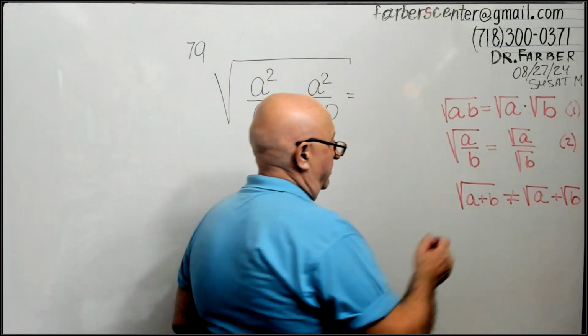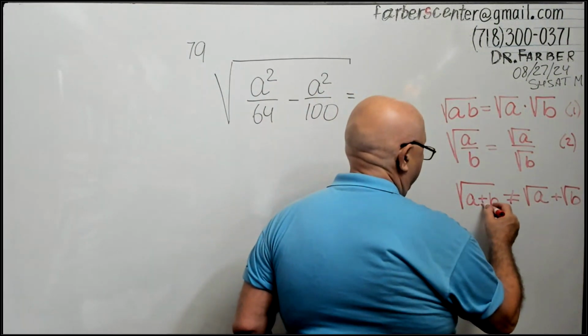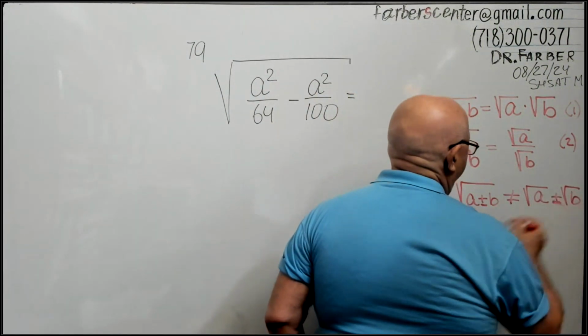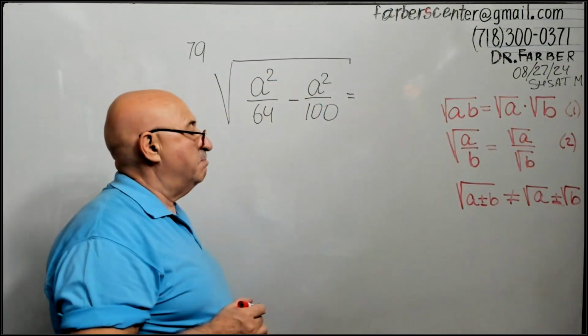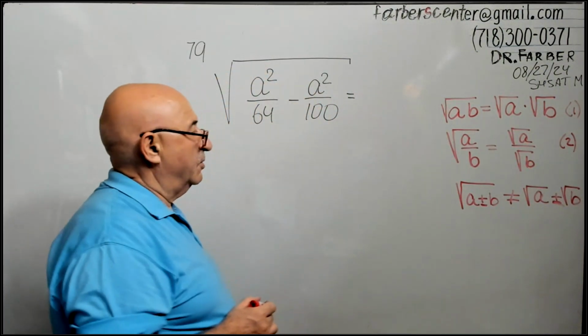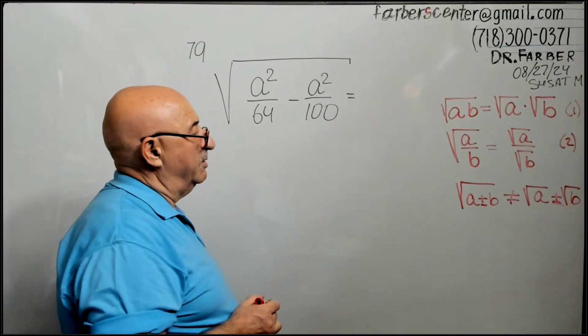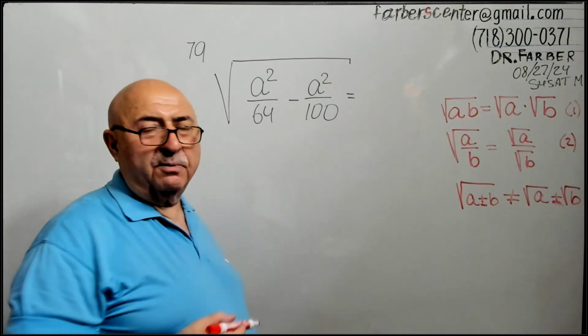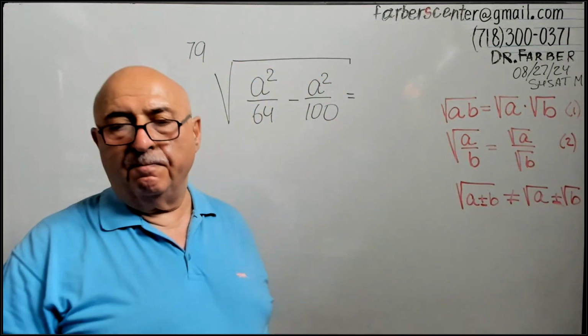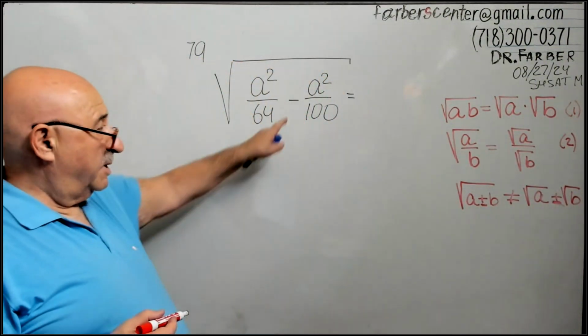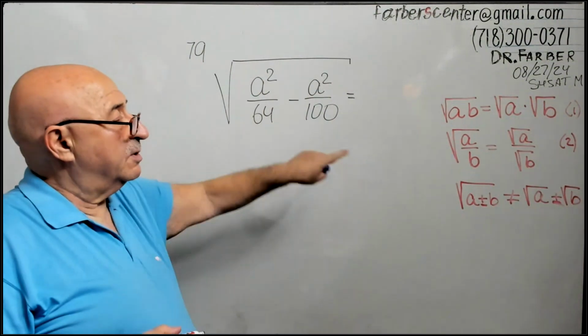In the same with difference. There is no such formula. If you remember, I made animation many years, like 30 years ago, when you have this formula like explosion atomic bomb. It's impossible. There is no such formula. Since this is subtraction, this formula 3 does not work.